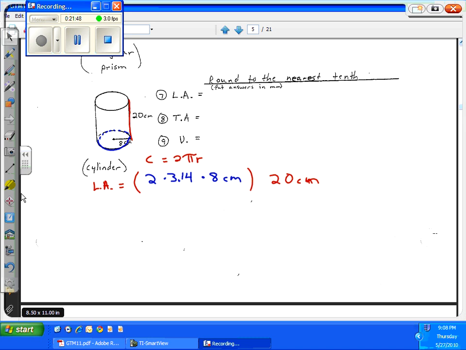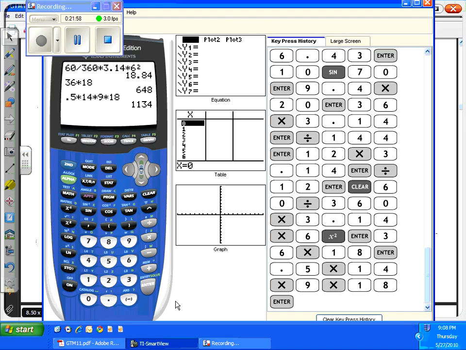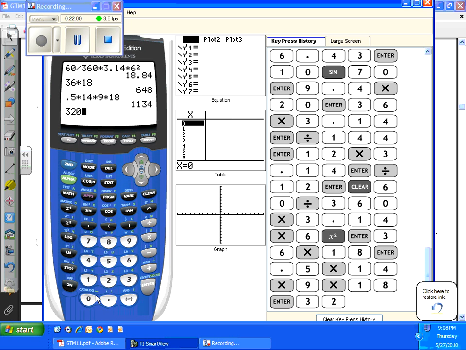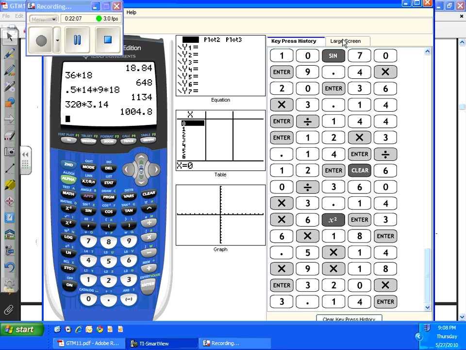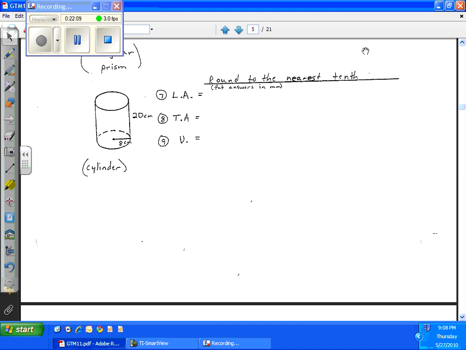So we'll just do that on the calculator. 2 times 8 is 16. 16 times 20 is 320. 320 pi. So 320 times 3.14 is 1,004.8.